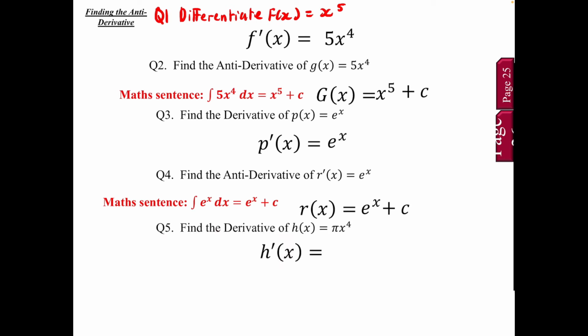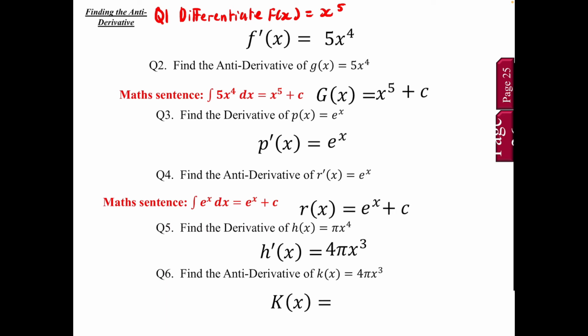Let's try another one. Find the derivative of h of x equals pi x to the power of 4. This gives us h prime x as 4x to the power of 3. We're now asked to find the antiderivative. This means you are given the derivative and you're working back to find your function.